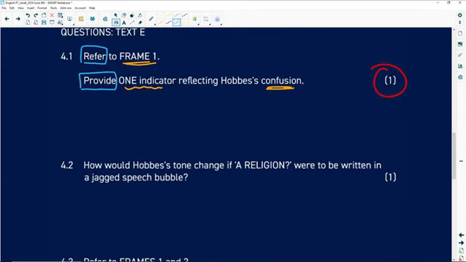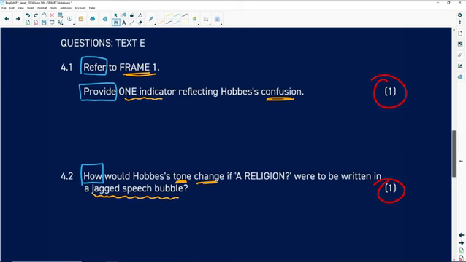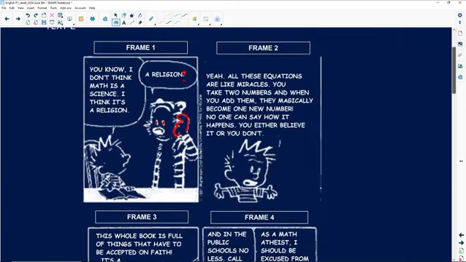Because the next question is a bit more challenging, even though it's still for 1 mark. How would his tone change if it were written in a jagged speech bubble? So be careful. Watch that mark allocation. You do not have to talk about what the round speech bubble does, but let's just have a look at the round speech bubble.